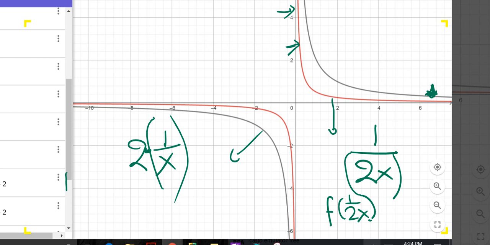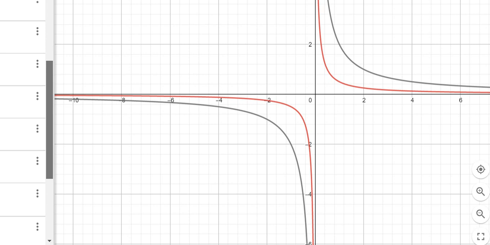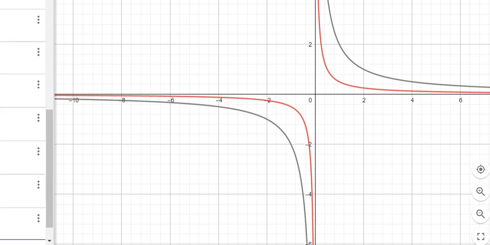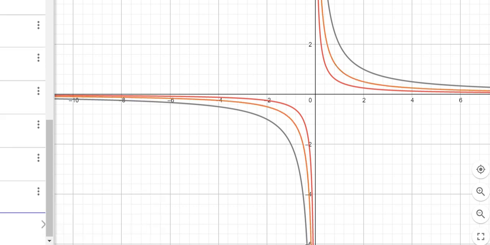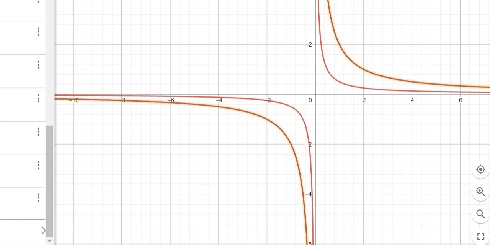We will see more examples later. Let me get out of this to see what will happen if I have a function where it's not 1, it'll be 0.5x.